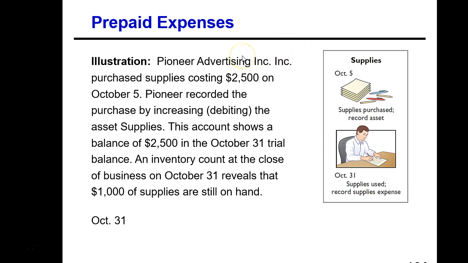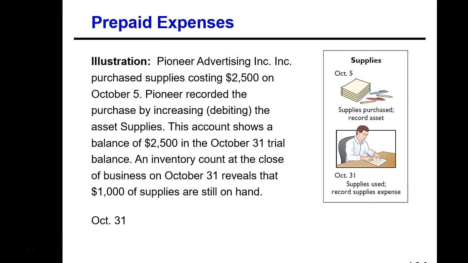Pioneer Advertising purchased supplies costing $2,500 on October the 5th. They recorded it by debiting the supplies account, which is an asset. An inventory count at the end of October 31st reveals that $1,000 of supplies are on hand.